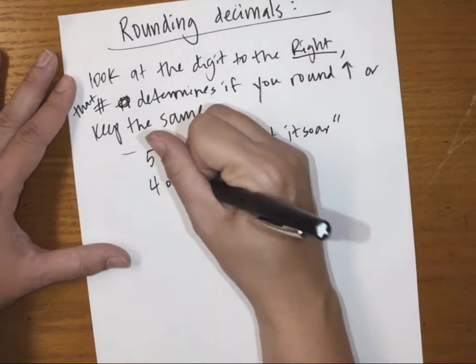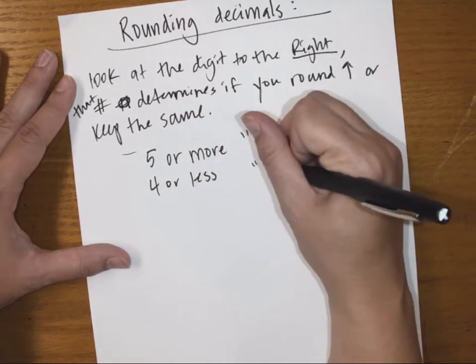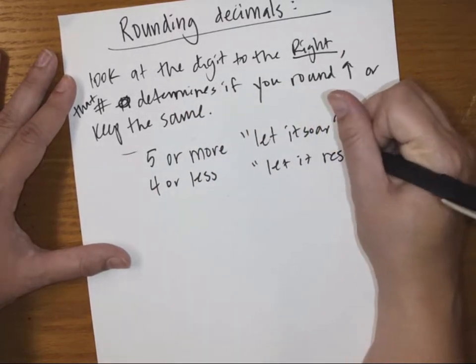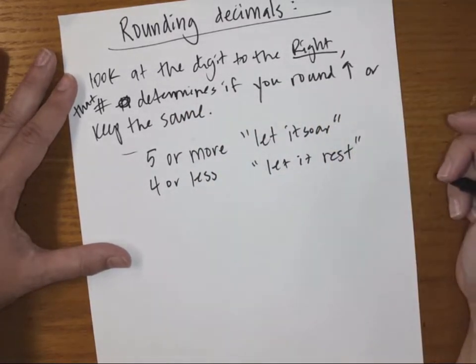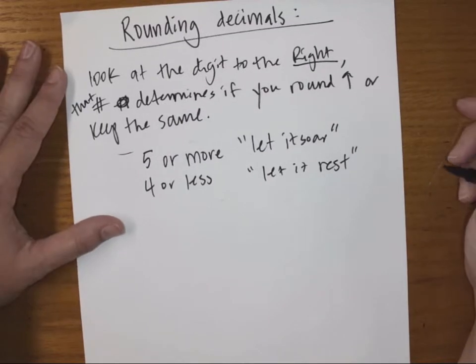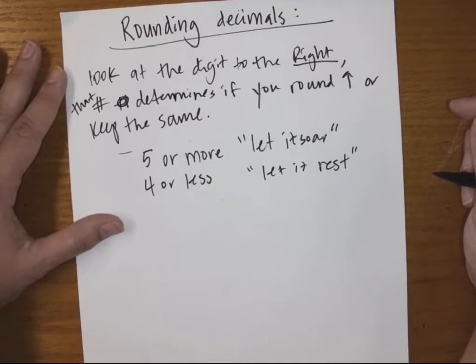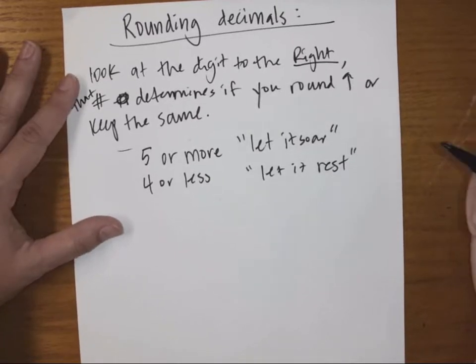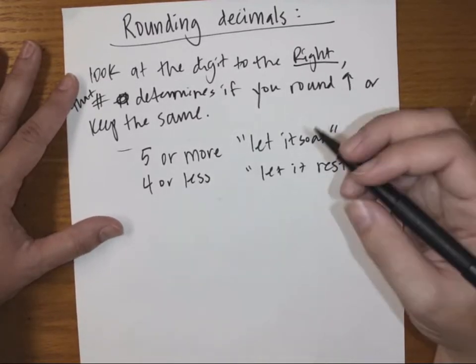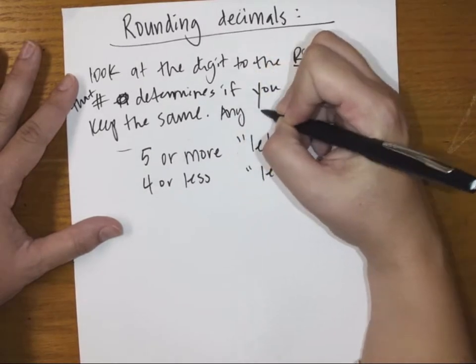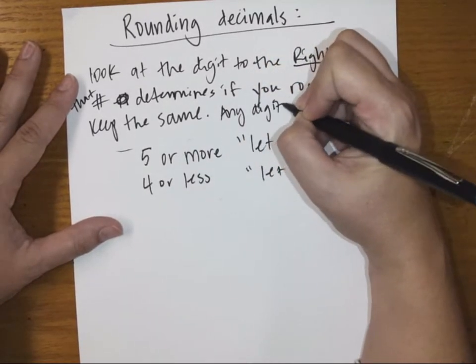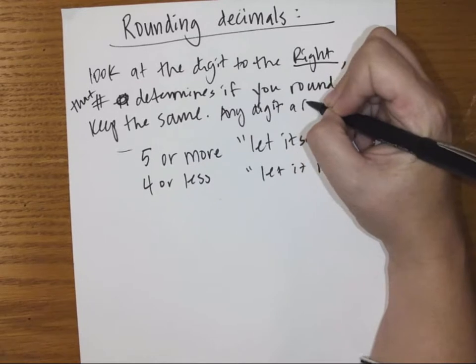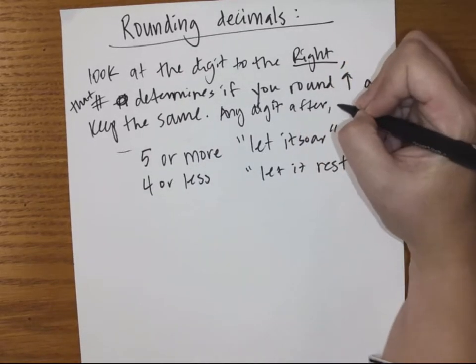And 4 or less, you need to let it rest. I'm sure you've heard of multiple other things, and as you do observations, you'll see lots of different ways to teach rounding. The one thing you need to know about decimals is any digit after what you're rounding to, you just ignore it.